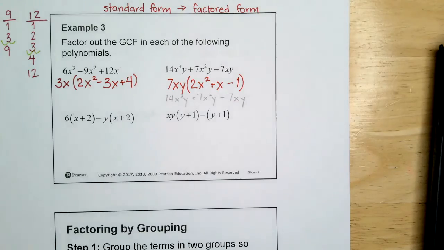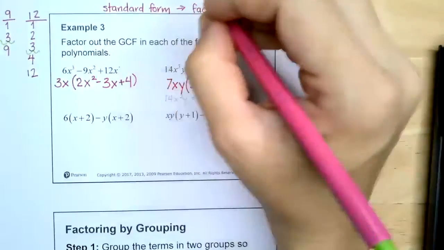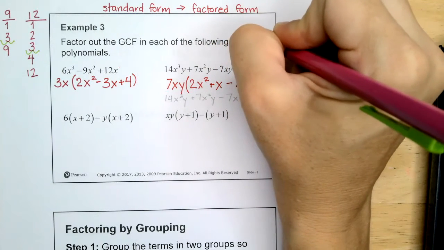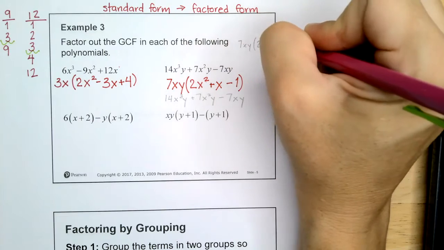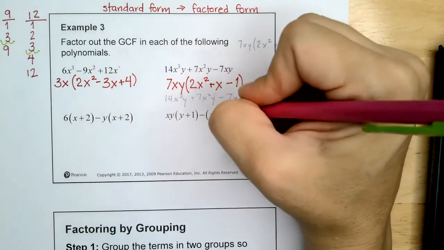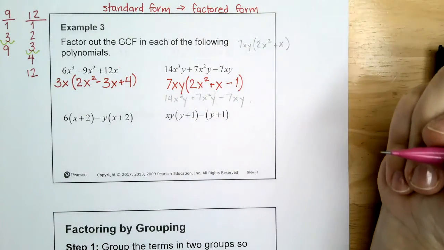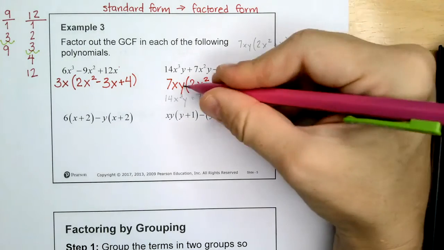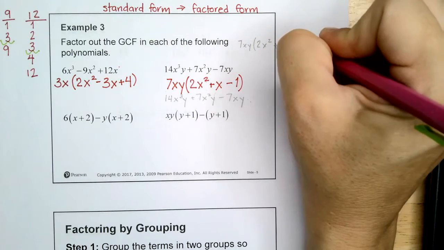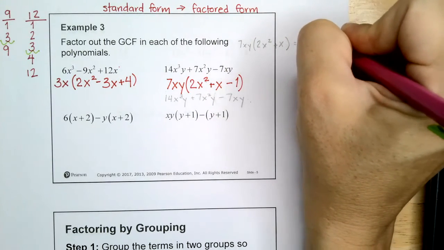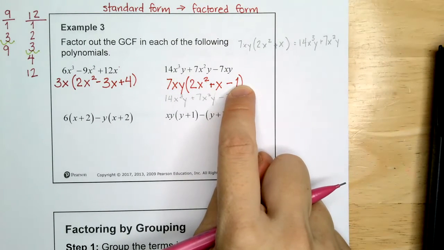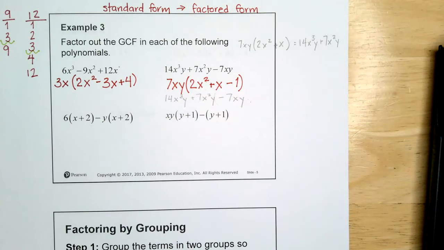If I had just said instead 7xy times 2x squared plus x, and then I didn't write the 1, I would not have a way to write this last piece, right? I couldn't include this last piece in my multiplication. It would just be 14x to the third y plus 7x squared y. So you need the 1 if the 1's alone. If the 1's not alone, you don't really need it.